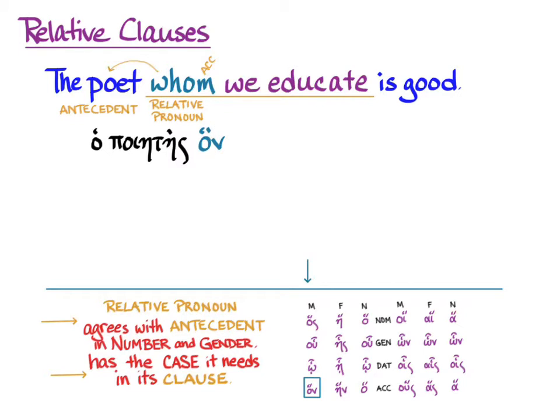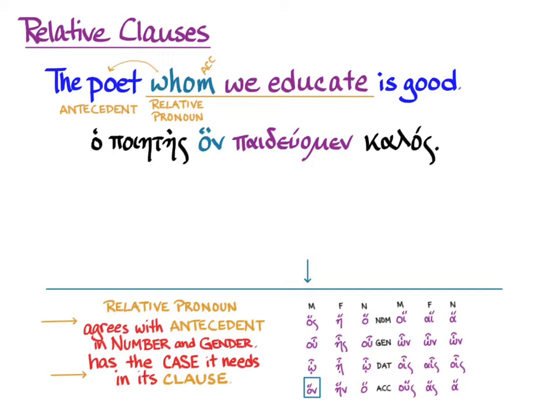So let's write that in, hon, and then the rest of the relative clause, and the rest of the main clause. So we get ha poietes hon paideomen kalos. The poet whom we educate is good.